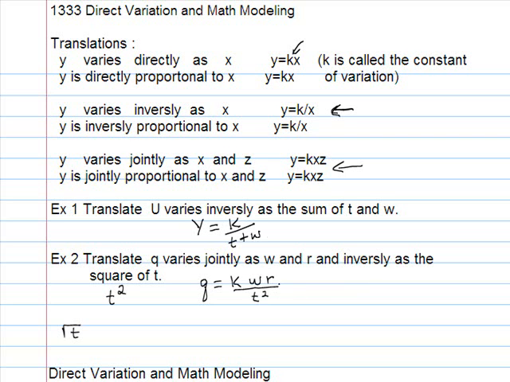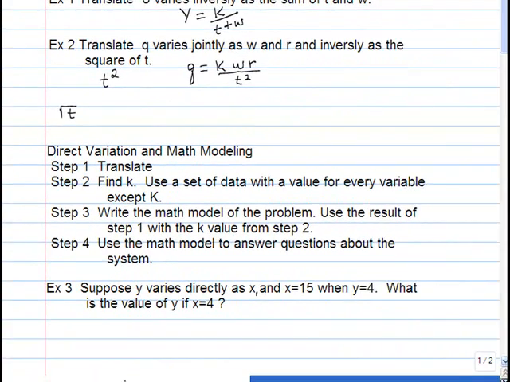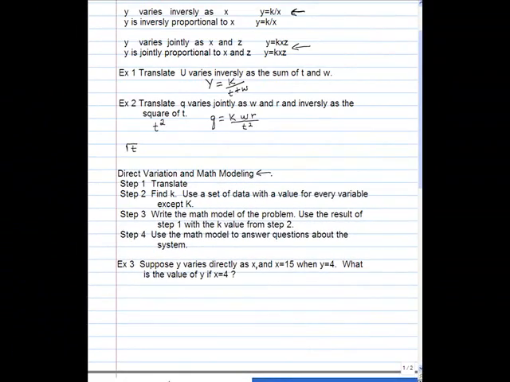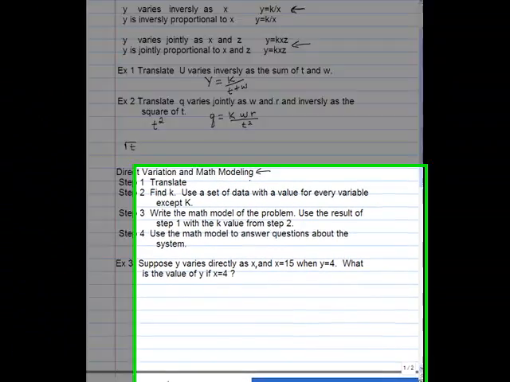Now, all this translating does is it gets you started in a problem. There are many more parts to direct variation problems, and we'll see that as we work a couple of direct variation examples here. So let's come down here to the steps for doing a direct variation math modeling problem. And what I'm going to want you to do is do this in 4 steps.